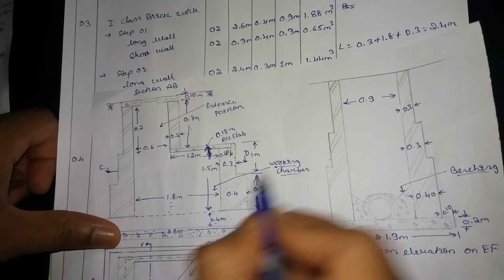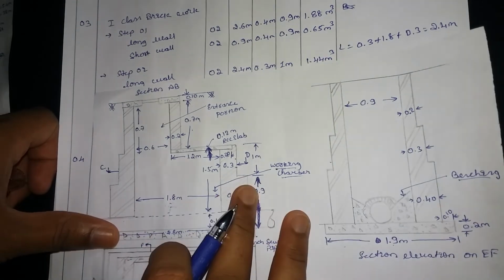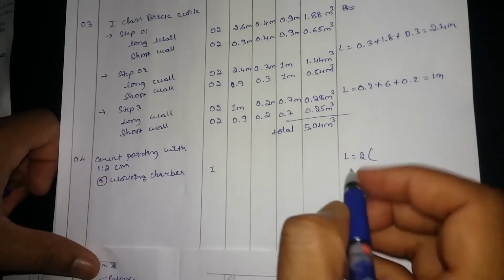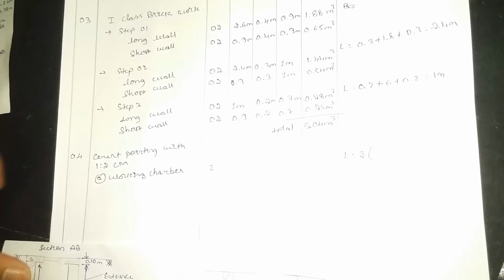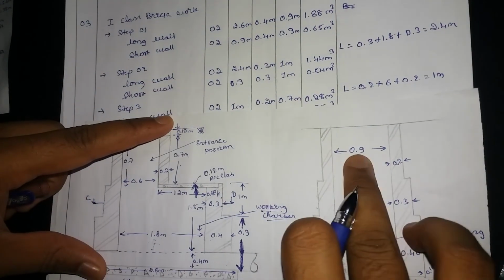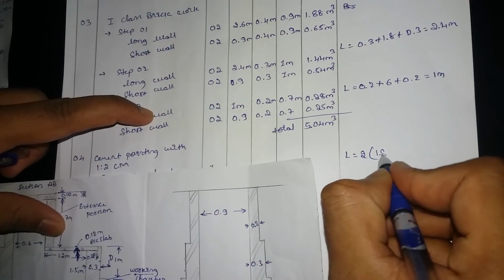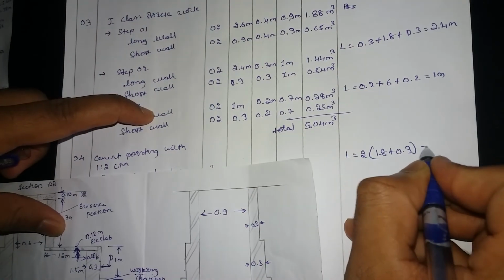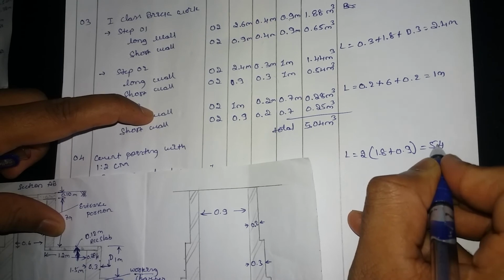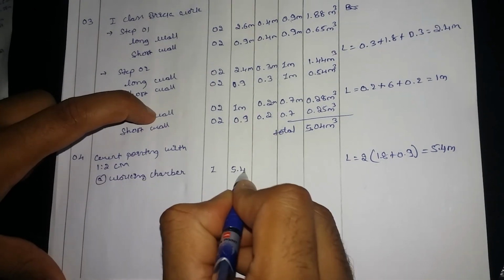This is your length and this is your breadth, that is 0.9, right? Yes, this is the length of the chamber and this is the breadth of the chamber. So for that, 2 into 1.8 plus 0.9, if I multiply this, you will get the length as 5.4 meter. So this is your 5.4 meter.